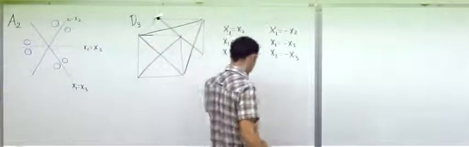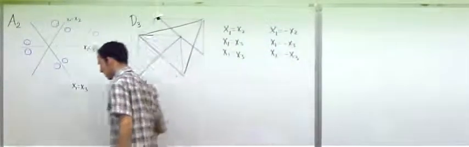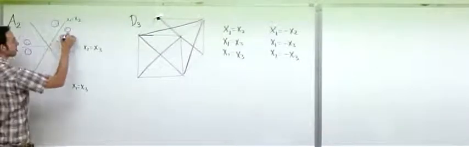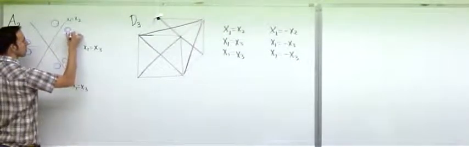Now, we have a different way of thinking about this, which is that we label this copy of yourself 1, 2, 3. And now when you reflect across this mirror, you switch the numbers 1 and 2.